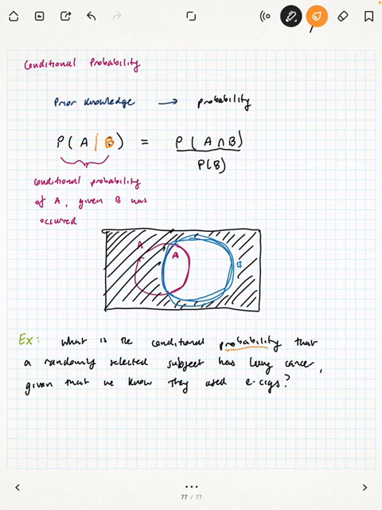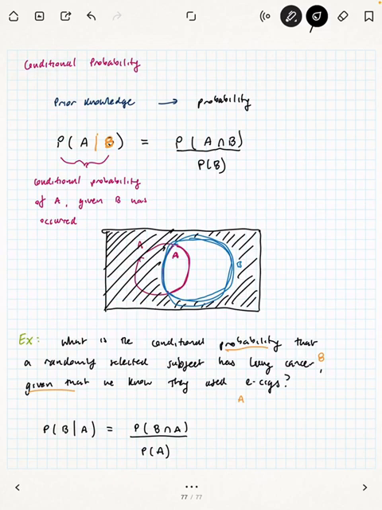So that's event B. Given we know that they used e-cigs, so given the certainty of event A. In other words, what we're asking for is the probability of B given A, which we know then will be the probability of B intersect A divided by the probability of A. So everything that comes after the bar in the initial statement here is what's going to give us our denominator.